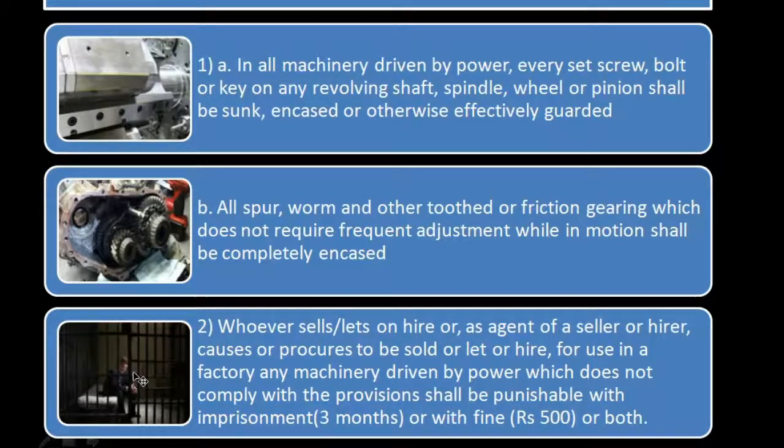Now a person who sells the machinery, or an agent who sells the machinery or gives it on hire, similarly a person who procures the machinery and gives it on hire or sells it, and the machinery is such that it is to be used in a factory and driven by power and does not comply with the provisions mentioned above, then the person will be punishable with a fine of ₹500 or imprisonment of 3 months or both.